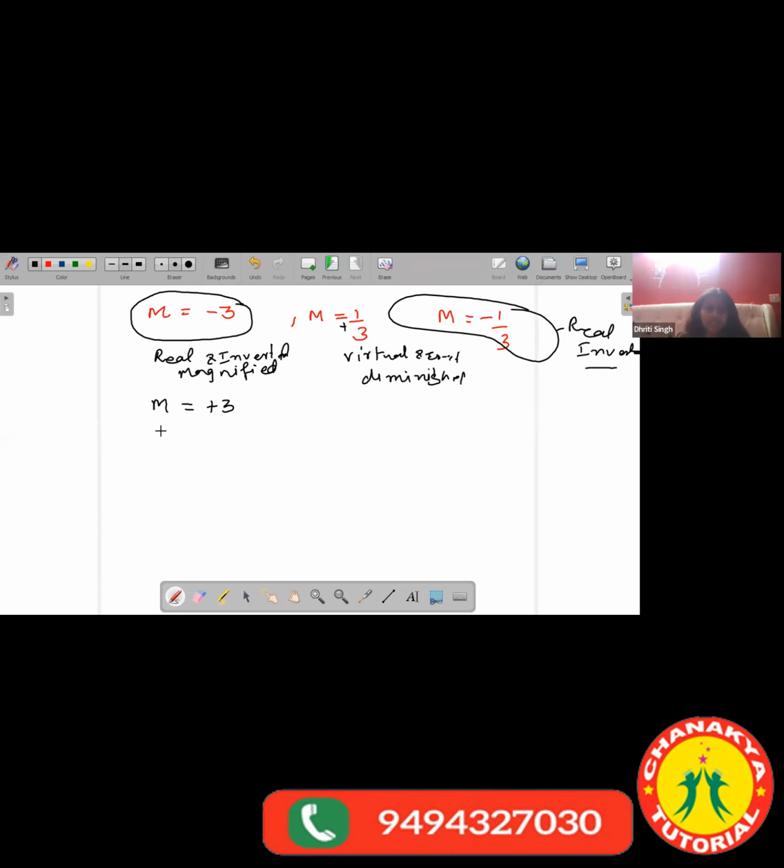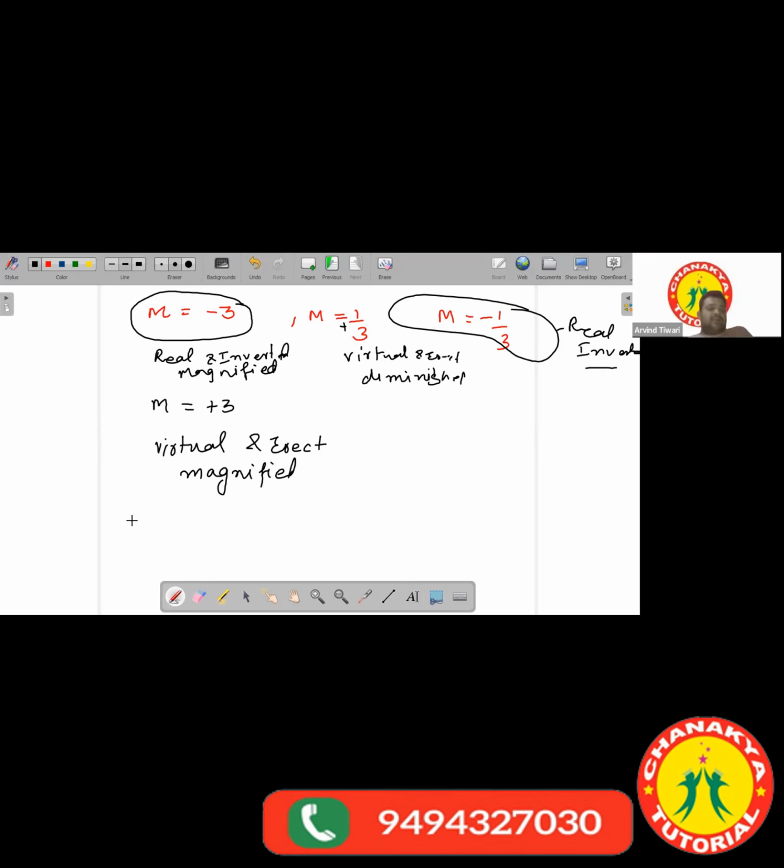So it means that the image is virtual and erect, and it's magnified.